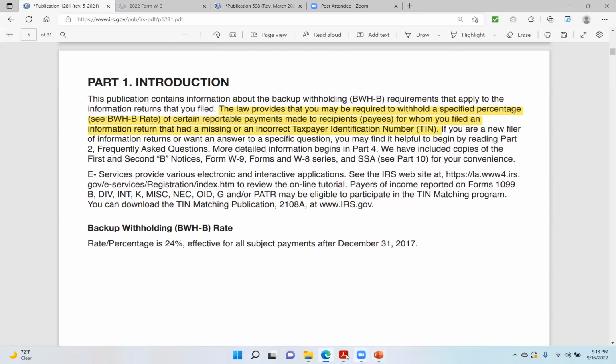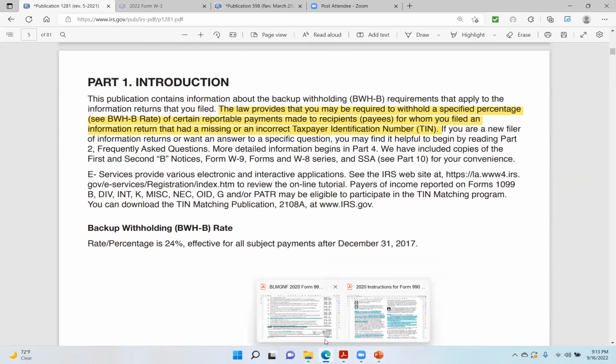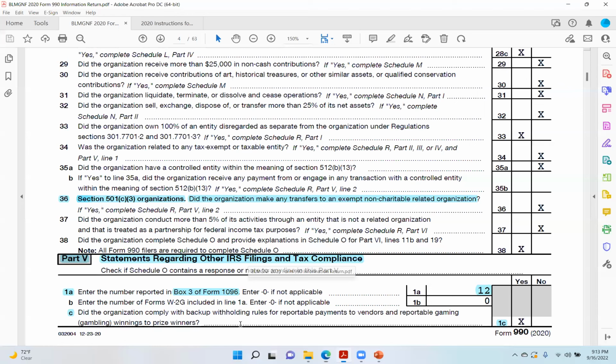So on the Form 990 information return, I'm going to go back to that now. It states on Part 5, 1C, did the organization comply with backup withholding rules for reportable payments to vendors and reportable gambling winnings to prize winners?